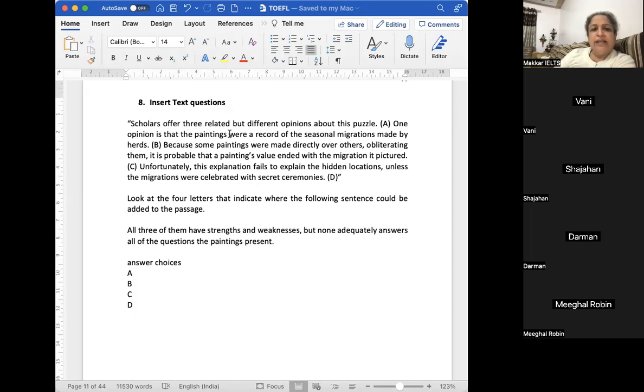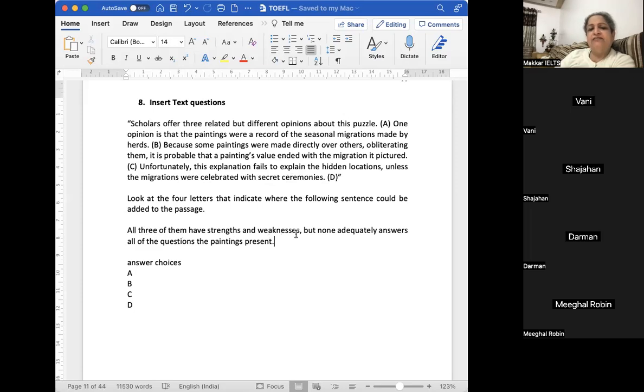Scholars offer three related but different opinions about this puzzle. One opinion is that the paintings are a record of the seasonal migrations made by herds. Because some paintings were made directly over others, obliterating them, it is probable that a painting's value ended with the migration it pictured. Unfortunately, this explanation fails to explain the hidden locations unless the migrations were celebrated with secret ceremonies.